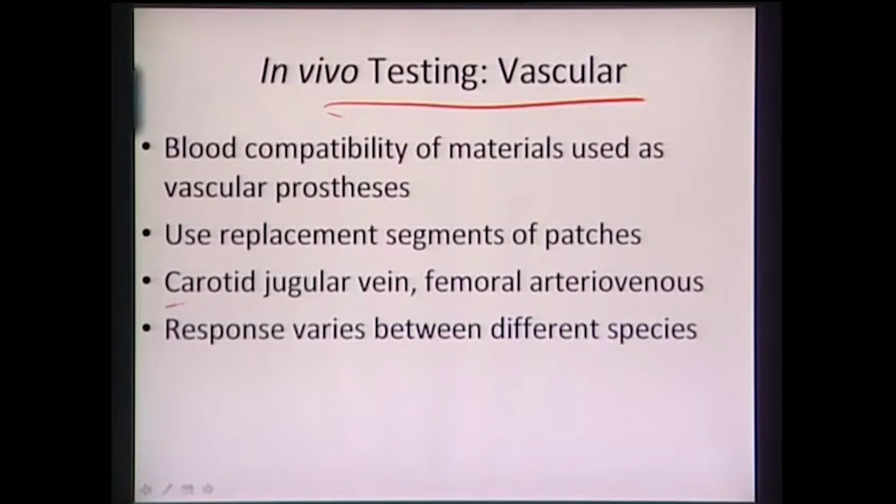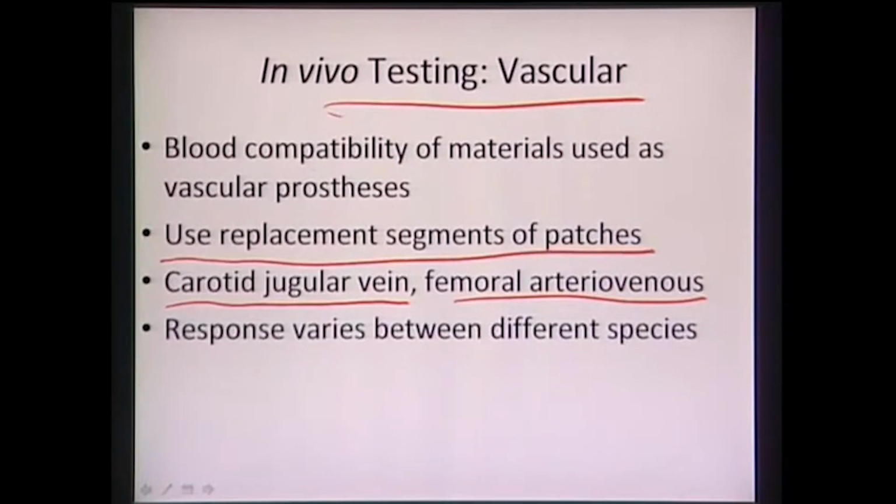Now, you can put this implant as a carotid or jugular vein or in some other replacement segments or patches, and for this kind of material, the thickness of the fibrous tissue that is formed is not the indication of in vivo biocompatibility. Instead, the material should have good blood compatibility in vivo.